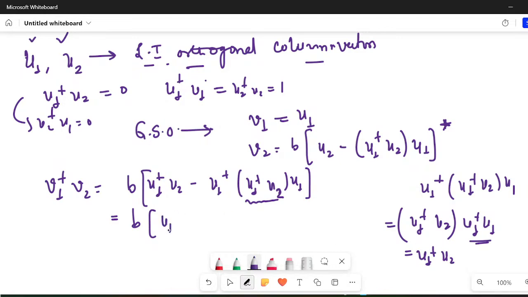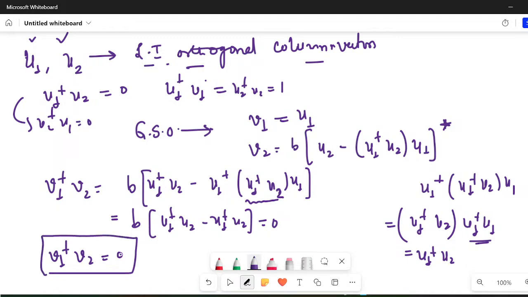So here it is u1 dagger u2 minus u1 dagger u2, which is equal to 0. So clearly I can say that v1 dagger v2 is simply equal to 0. So I can say that my v1 and v2 are orthogonal to each other.